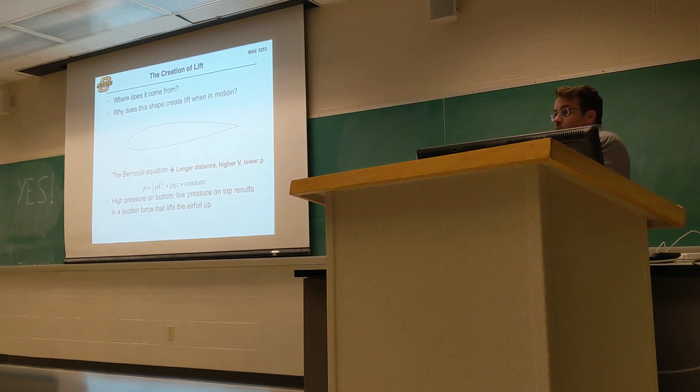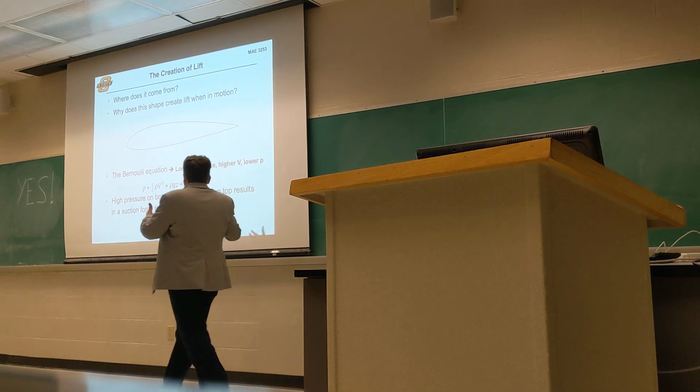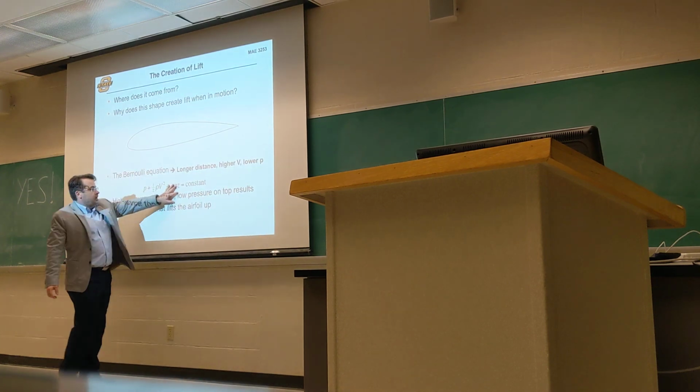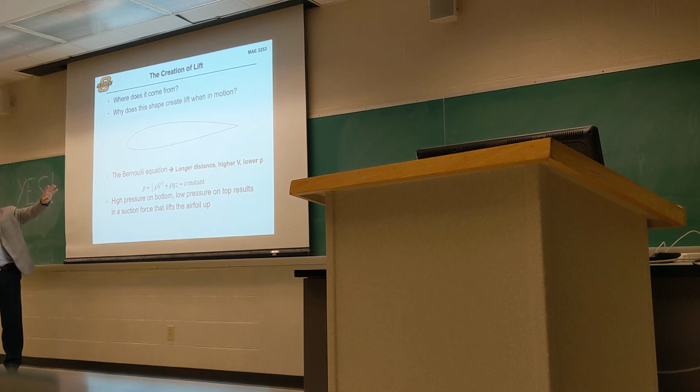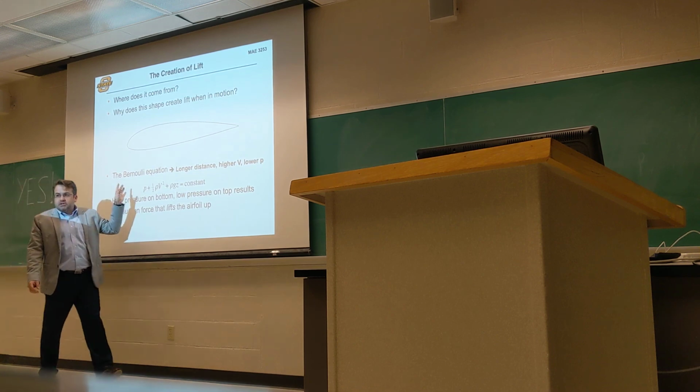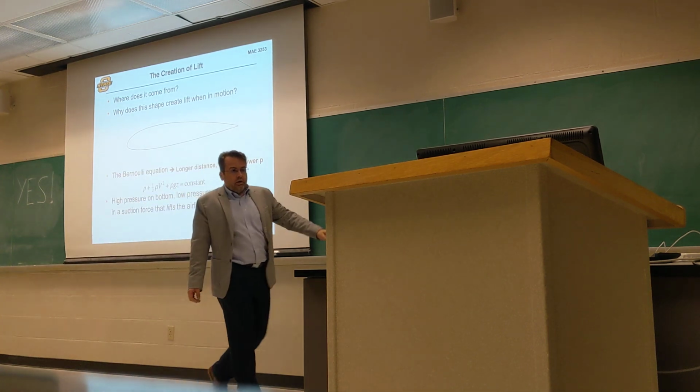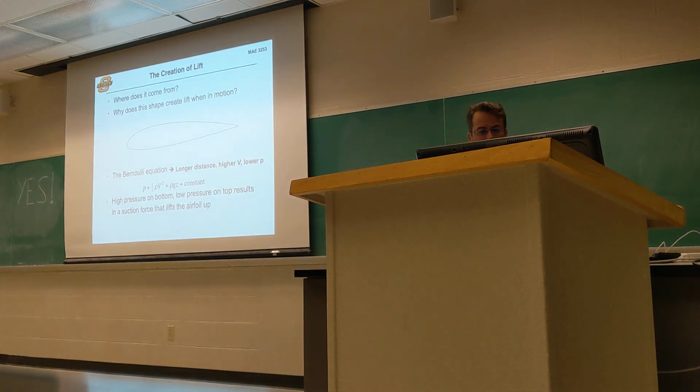Now, we do have to be really careful with this, because I mentioned the Bernoulli equation, and it's an essential way that we can use to define how lift is generated on an airfoil. But we have to be careful in terms of the cause and effect on this. And this is a very common trap that people fall into.